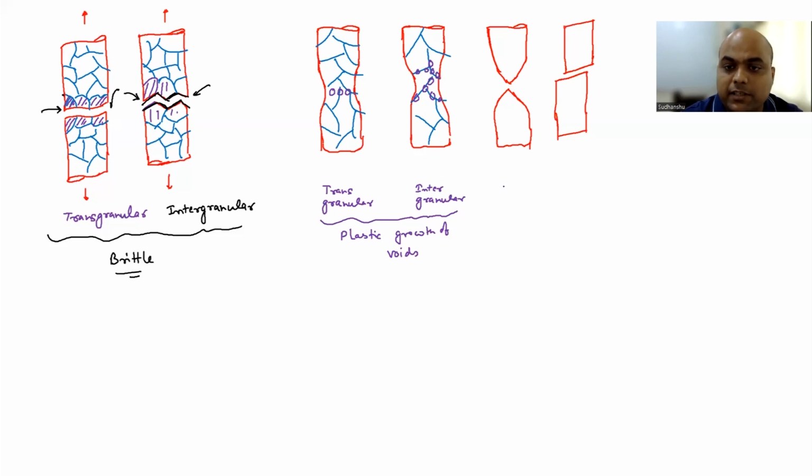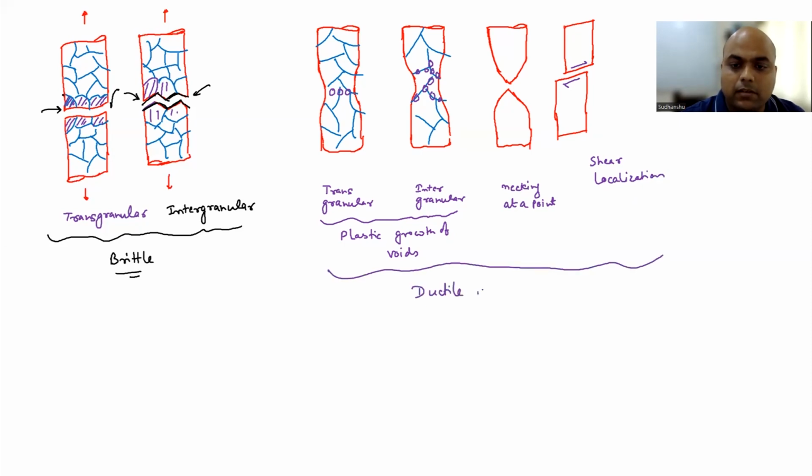Here you are seeing rupture, right? So here you just see necking at a point. And the last one is shear localization. So shearing along a plane, right? And all these are related to ductile behavior, ductile fracture.